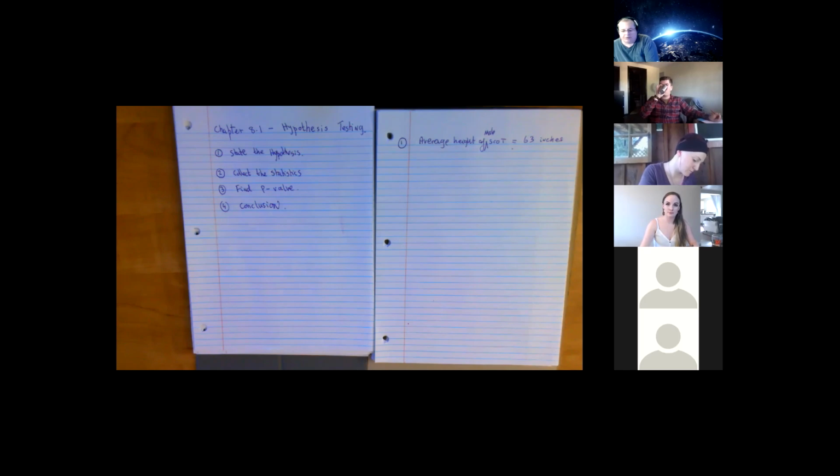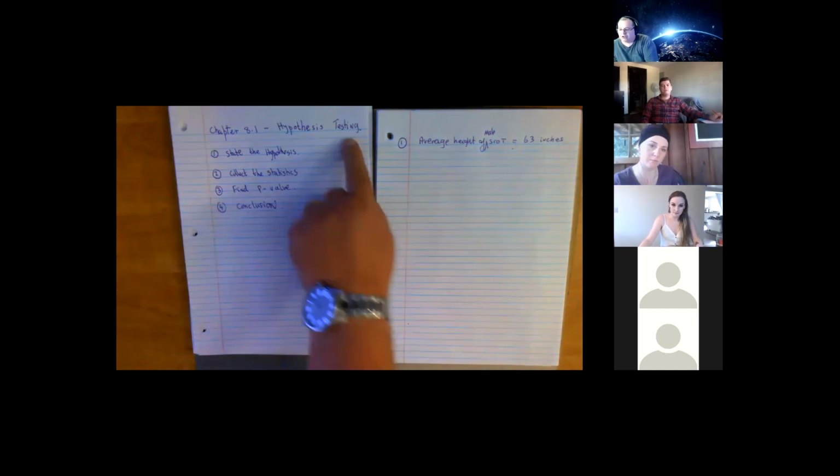Now, it may be something that's kind of obvious, but he's not allowed to say, well, I live in Edinburgh and I walk around and I see a lot of people and most of them are bigger than 5'3", so there's my evidence, because that's anecdotal evidence. Anecdotal evidence is very, very low down in the food chain, right? You can't really use that as proof. So we have to figure out a much more structured way, and it's called the hypothesis test, to prove something.